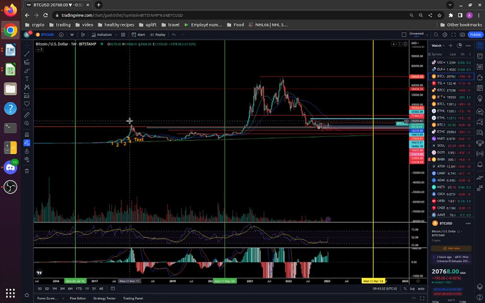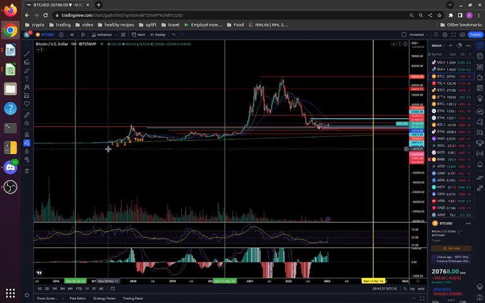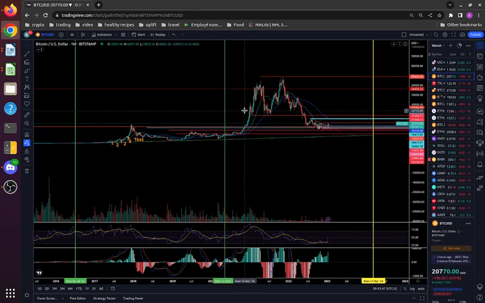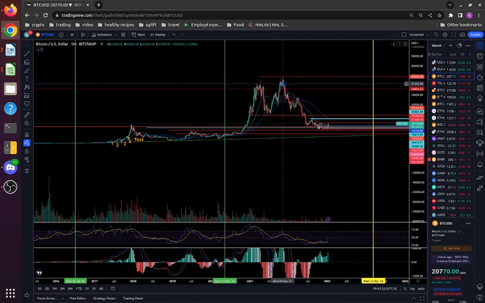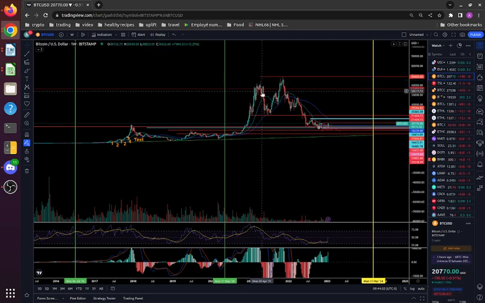So we had 1 2 here, and then some people would say that no, actually it's 1 A B C. And this would be another 1, and when everybody was thinking that this was the bull market, actually the bear market had already started, because this was a 1, and this actually was a B, and now we are in the C, and we're trying to get out from the C.